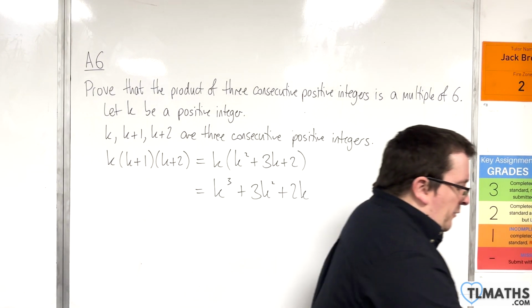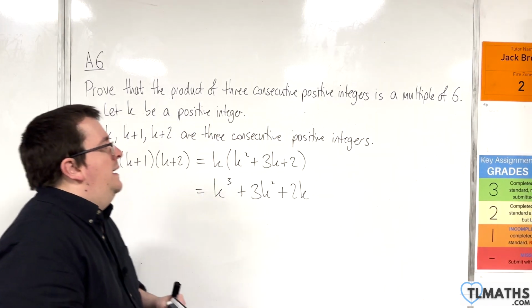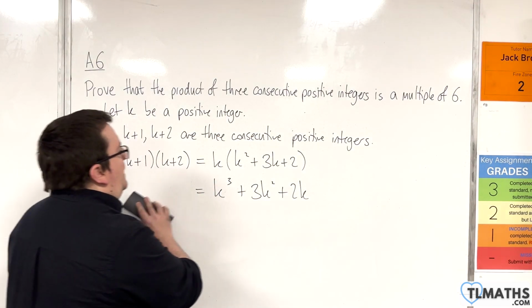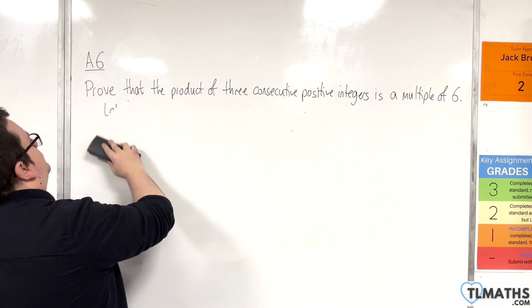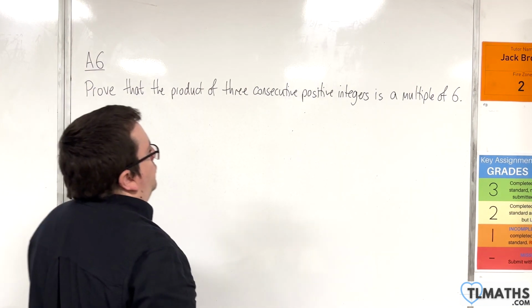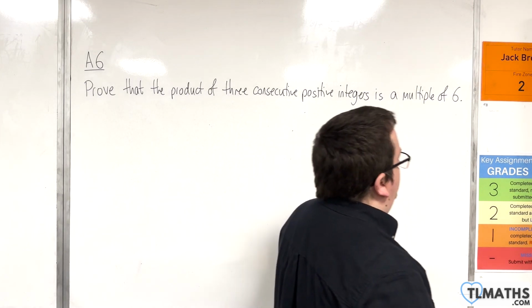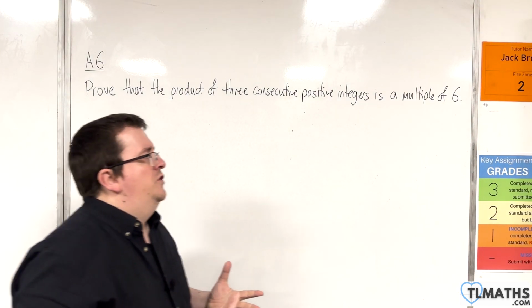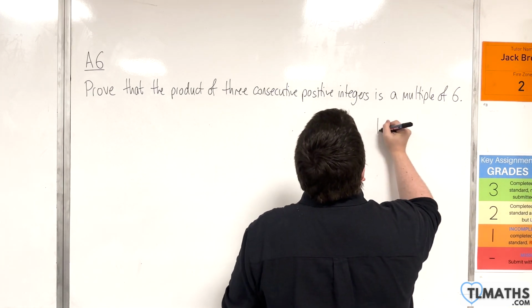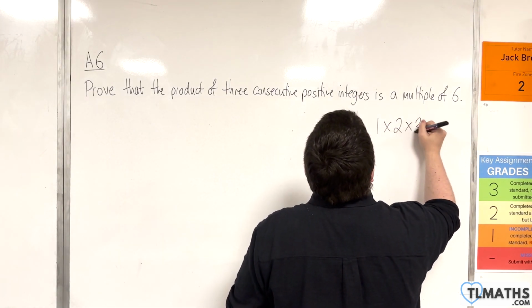So we pick ourselves back up and go, right, is there another way of explaining it? So, if I've got three consecutive positive integers, let's look at some, just to start off with. Let's say we've got 1 times 2 times 3.